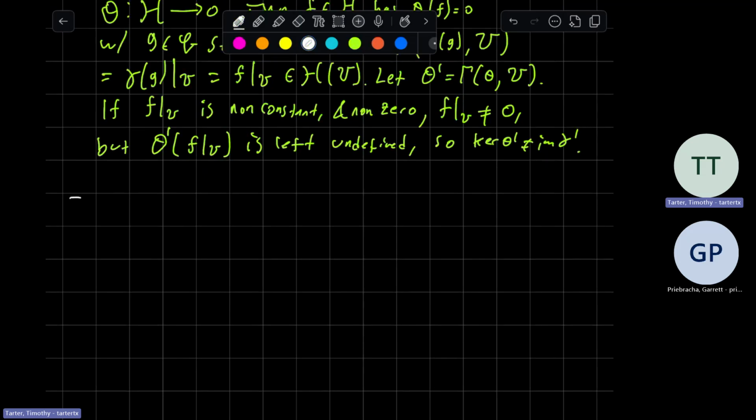Similar exercise, which is left exactness of push forward.